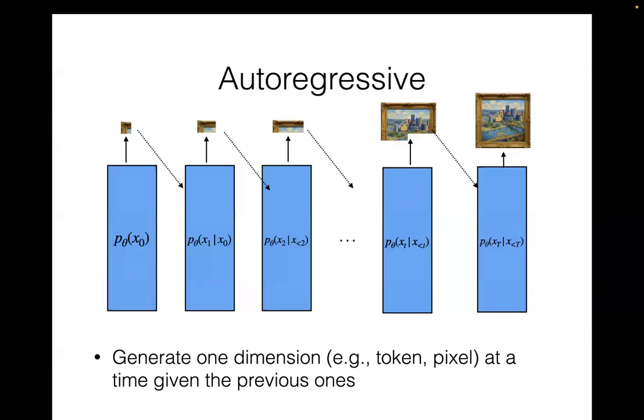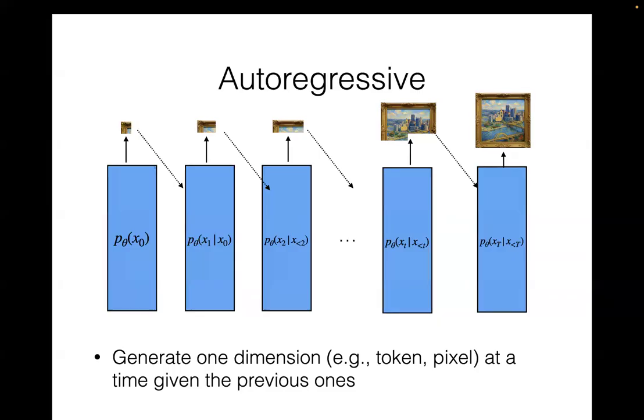So again, autoregressive models break things down into multiple steps of prediction. In some sense, if you have a variable which is multiple dimensions, or you have a joint distribution, then they're basically generating one dimension at a time, given the previous ones, according to some ordering.